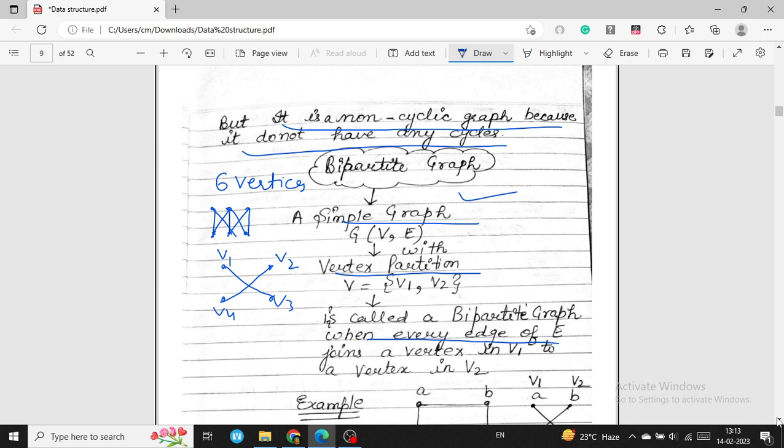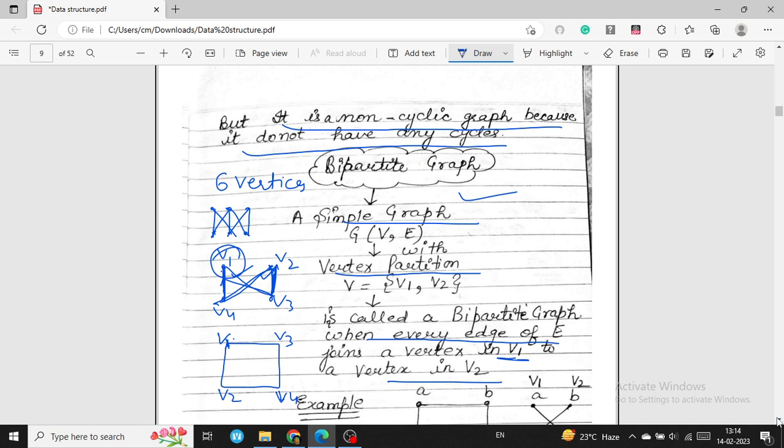You can draw this graph again with V1, V3, V2 and V4.